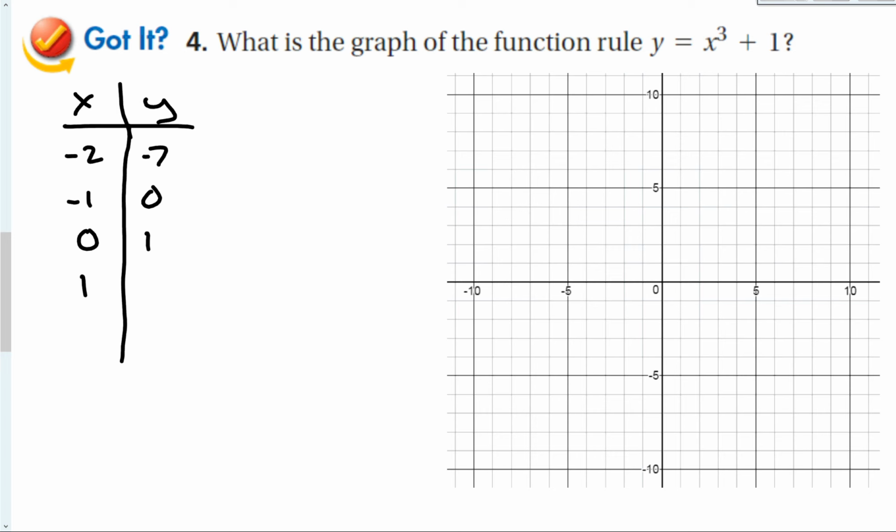And then positive 1 gives me 2. Positive 2, that's 8 plus 1 is 9.